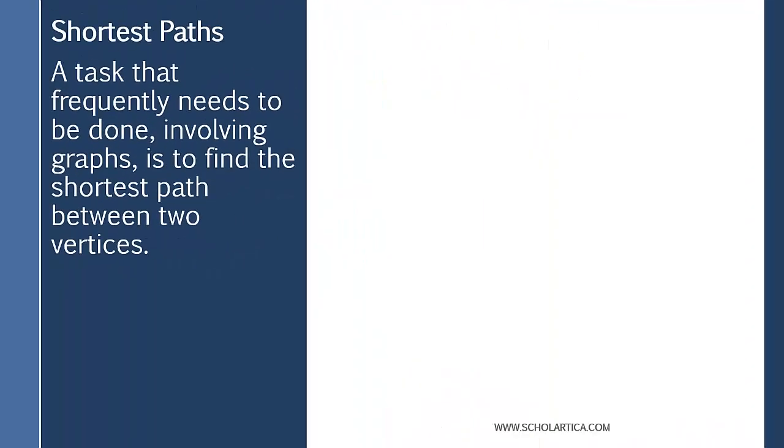So the most basic problem that we want to consider would be, given a graph or a digraph and given two vertices in that, can we find a path or a directed path to get from the first vertex to the second vertex? And if that is possible, we'd like to discover the shortest possible way to do that.